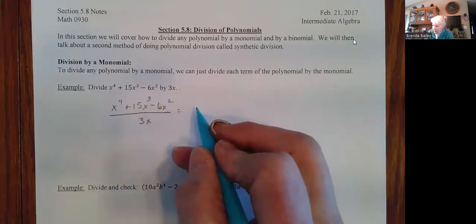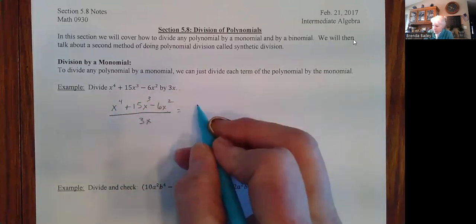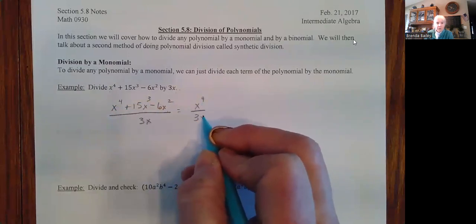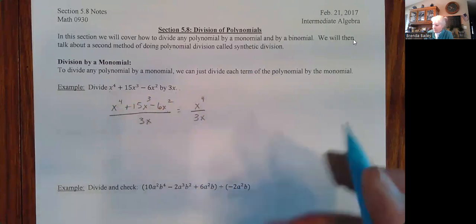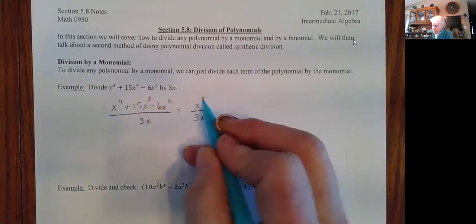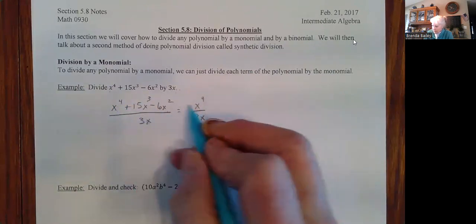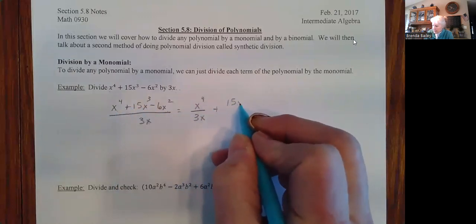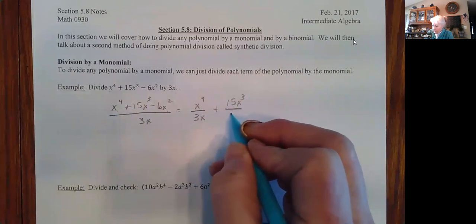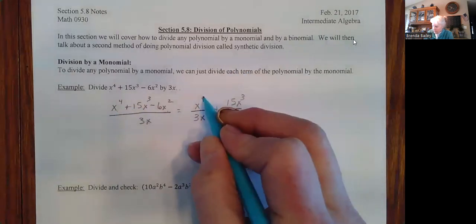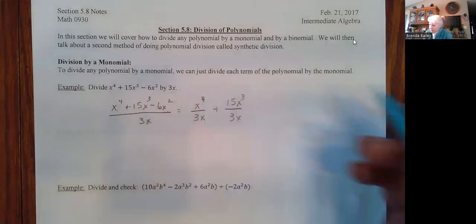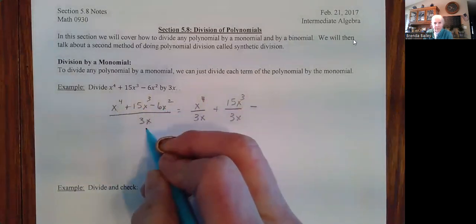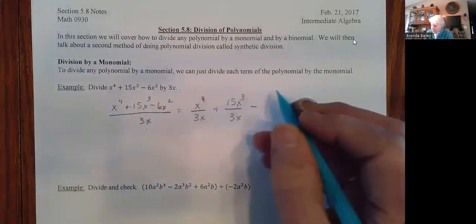So here is an example. We'll take our first term, and I will write this out. I feel like the more you do in your head, the more you're going to miss. So we have x to the fourth over this plus 15x cubed over 3x, and then we're going to put the last term above our denominator.